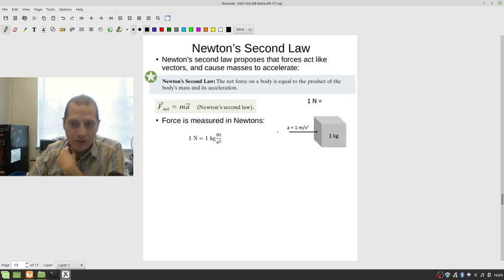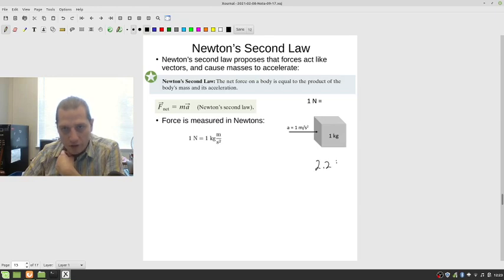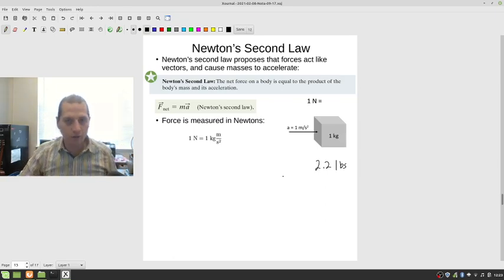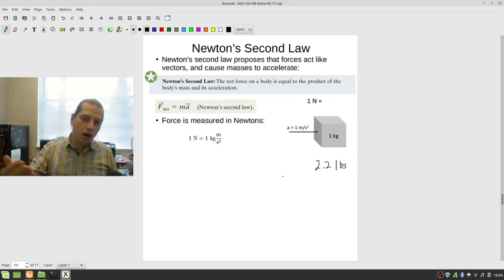Now, what does this mean physically? It means that if you have a kilogram of stuff, so that's around 2.2 pounds of stuff, and you have a frictionless surface, so think like an air hockey table where the object is just floating around. If you apply 1 newton of force to that block for 1 second, you will have accelerated it, and if you just let it go after that second, it'll be moving at a speed of 1 meter per second.